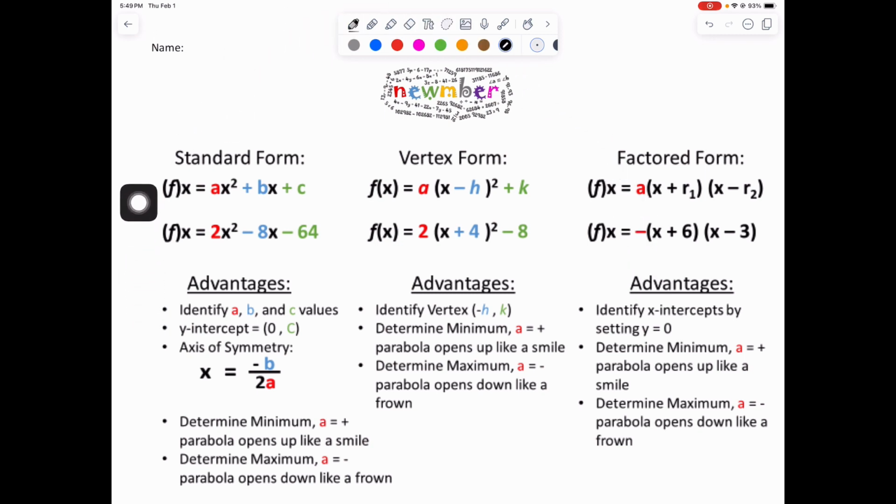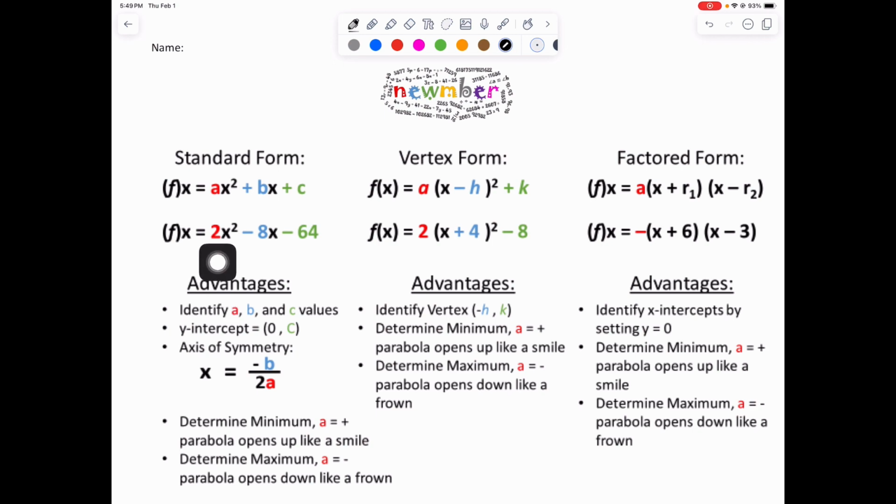Taking a look at standard form, the advantages are we can identify the A, B, and C values. Very simple. Forget all that nonsense for now because the y-intercept, this is the kicker. It simply equals 0 in what our C value is.